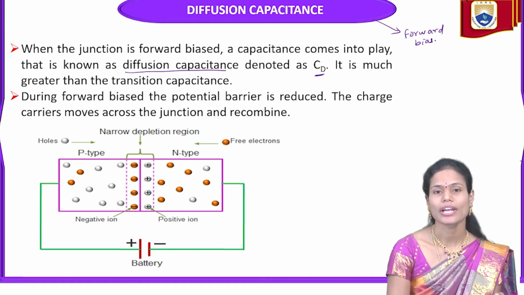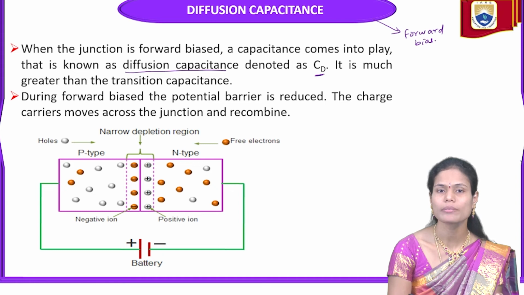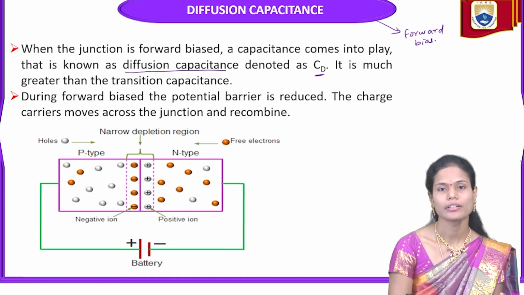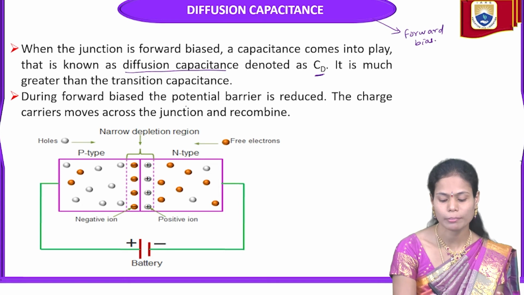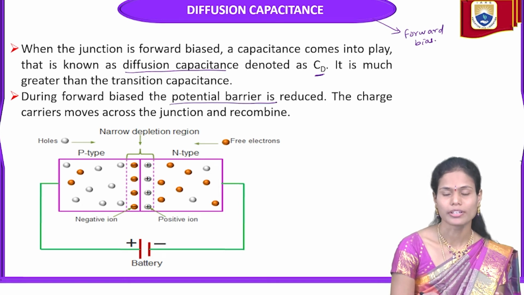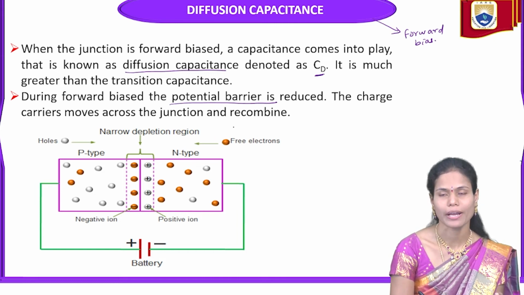Why? Because the transition capacitance exists in the reverse bias condition, but the diffusion capacitance will exist in the forward biased condition. During the forward biased condition, the potential barrier is reduced, that is, the depletion region width is reduced here. Because of that reason, the diffusion capacitance is very high compared to the transition capacitance.